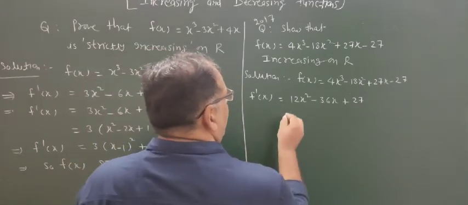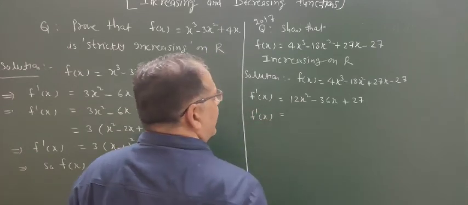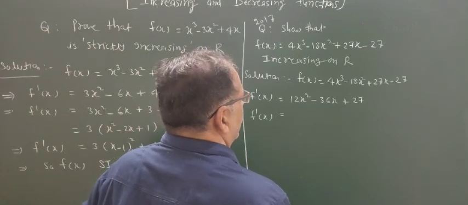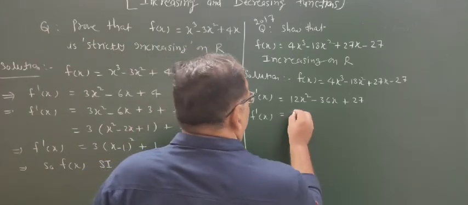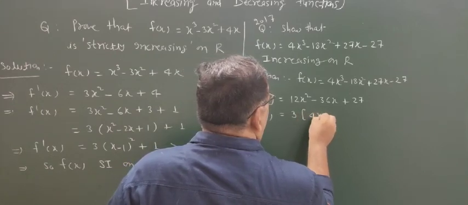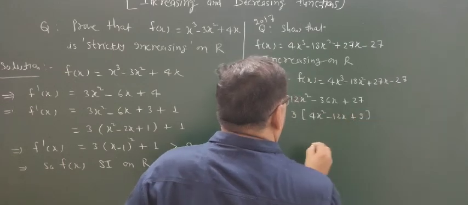So now we take a common factor here. What value should we take common? 3. If we take 3 common here, we have 4x square minus 12x plus 9.